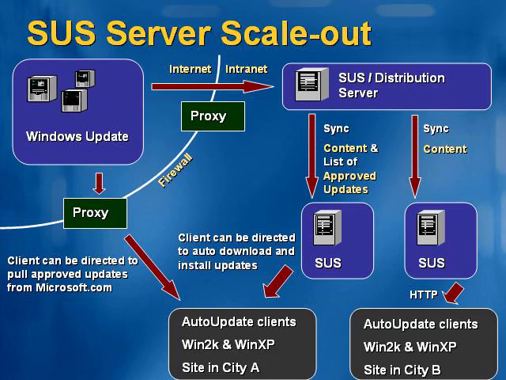And that can be content as well as a list of approved updates, which are then downloaded to clients based on the information that you provide through the admin interface. Additionally, to save on downloads to the branch offices, clients can be directed to pull the updates directly from Microsoft.com based on the information that you provide.